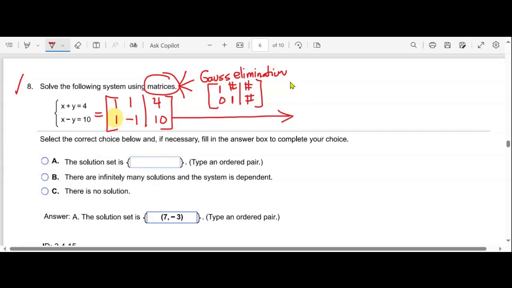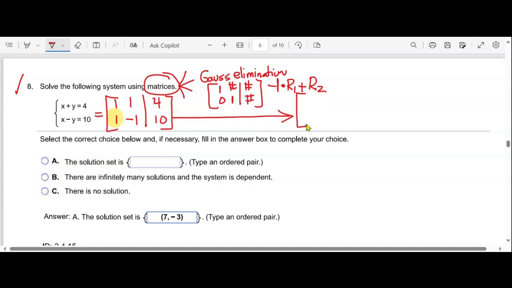Multiply row 1 by -1, and then add it to row 2. It will give us 0 anyways.